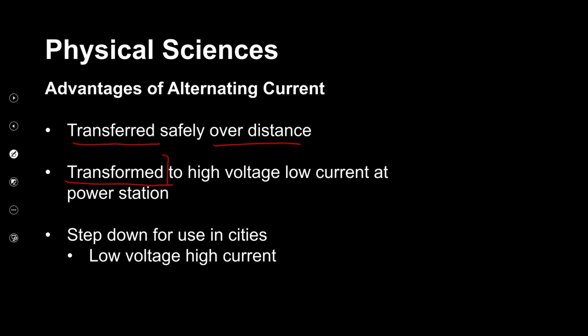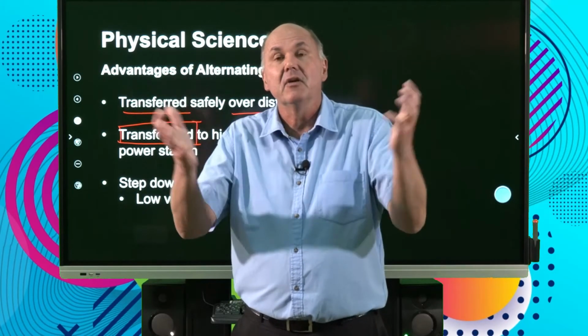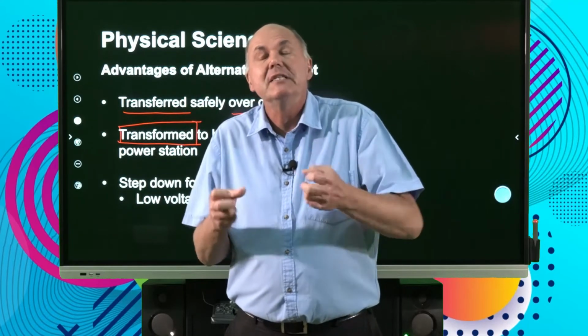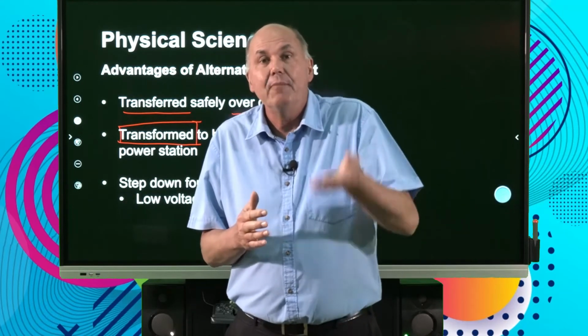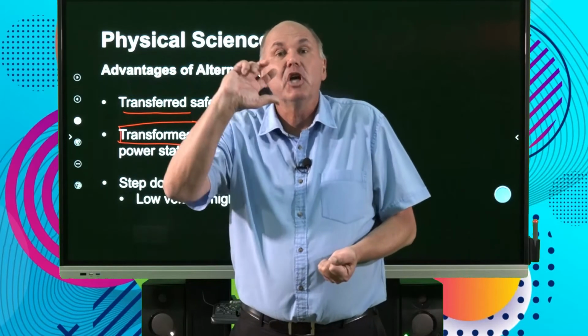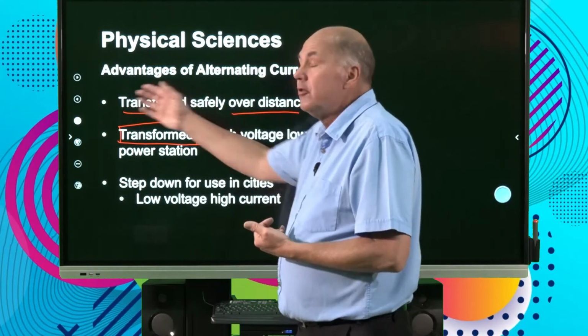So a transformer, which you might go past if you're living in the city, you might see there are substations and there are transformers. Alternating current is easy to transform because it's changing. And because there's a changing electric field strength, there'll be a change in magnetic field, and that will induce a current in the transformer.